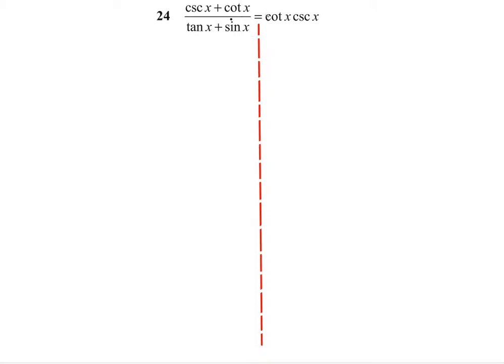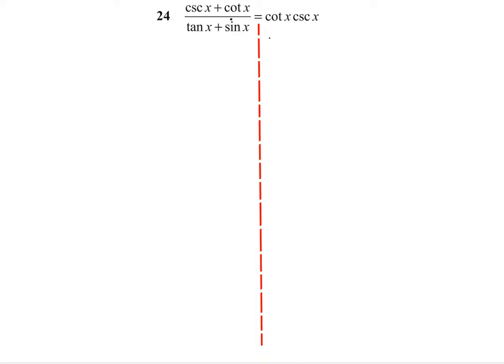Okay, so the first thing I'm going to do is, it looks like both sides are going to have to be worked with. So I'm going to work with this side first because there's less work to do, and then we'll go on to the other side. The first thing I'm going to do to simplify this side is just make everything in terms of sine and cos.